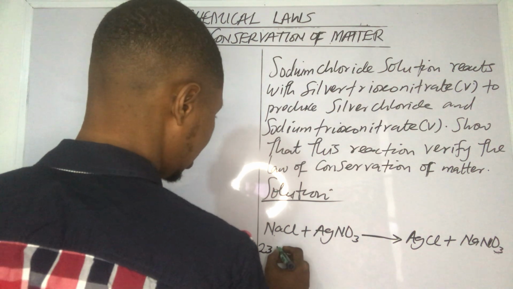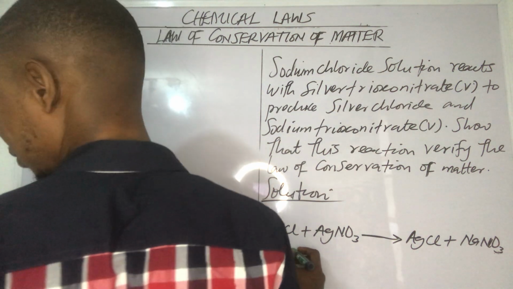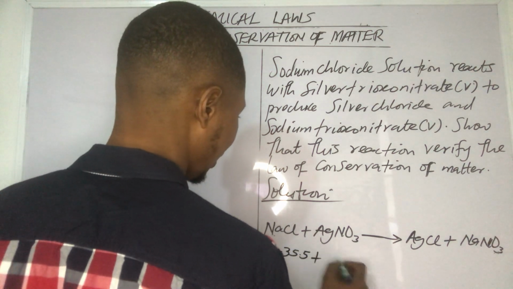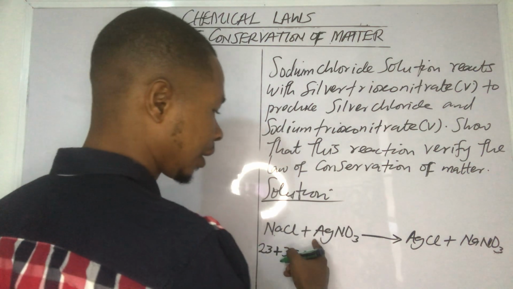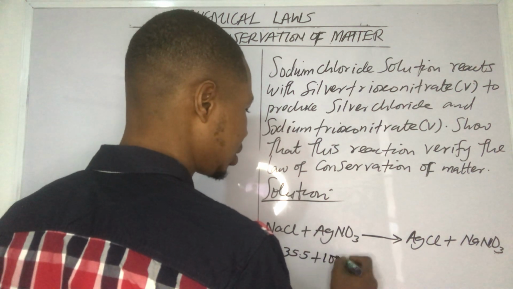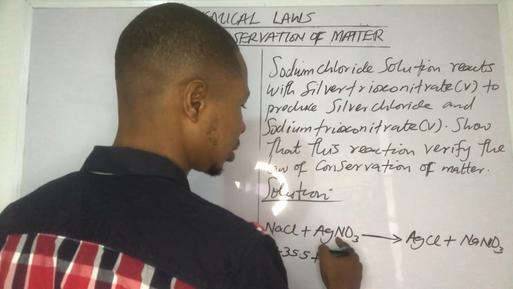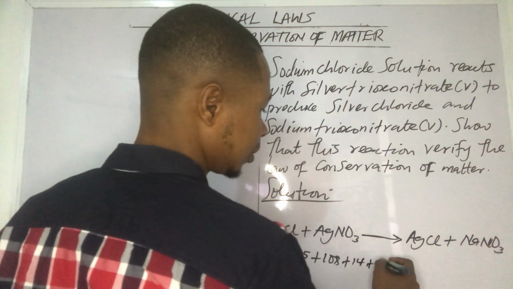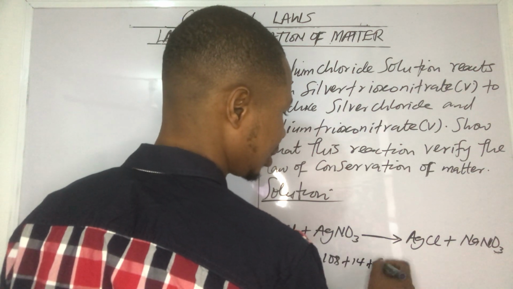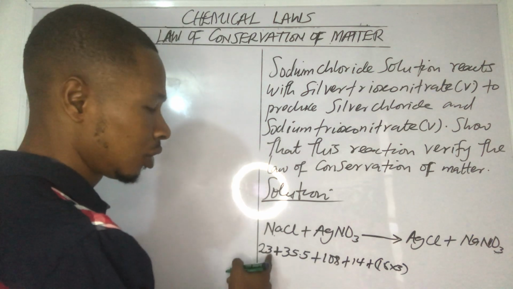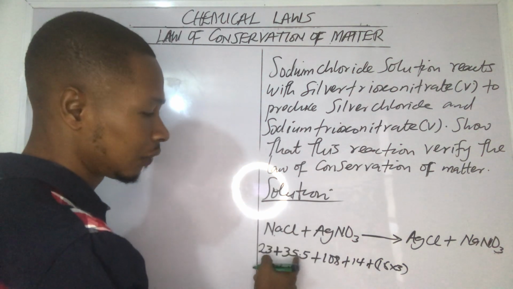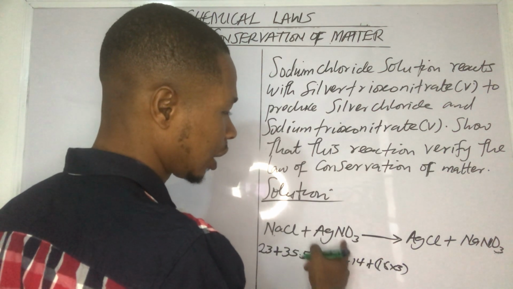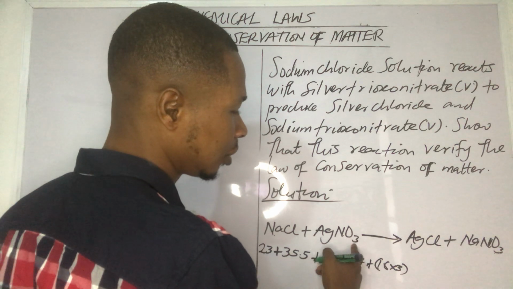plus chlorine is 35.5. Silver here is 108. Nitrogen is 14 plus oxygen, which is 16 times 3. So you have sodium 23, chlorine 35.5, plus silver 108, nitrogen 14, oxygen 16 multiplied by 3.